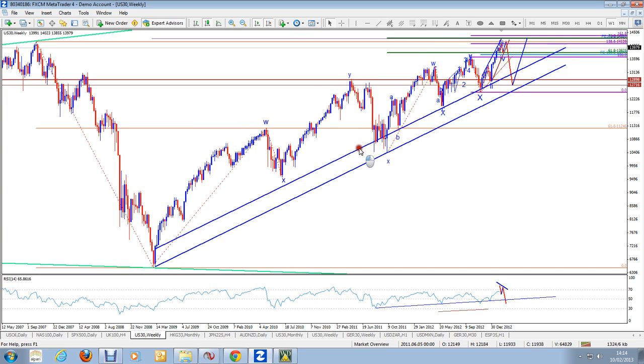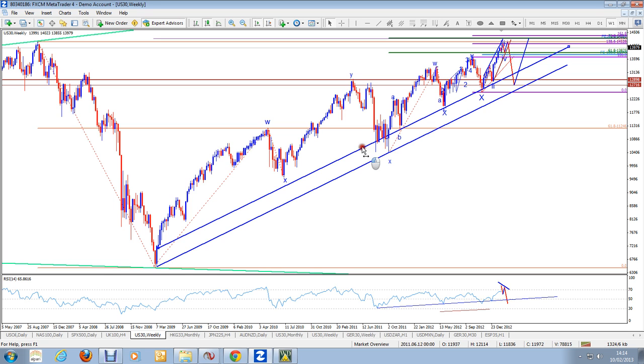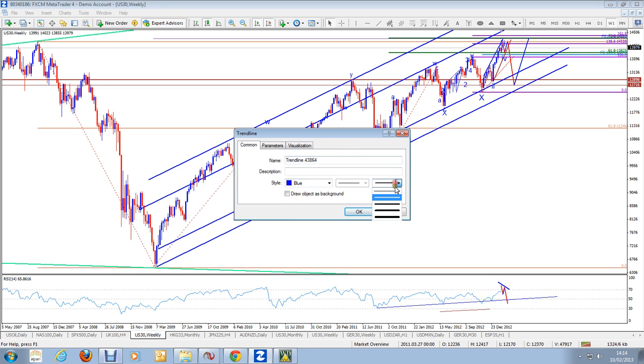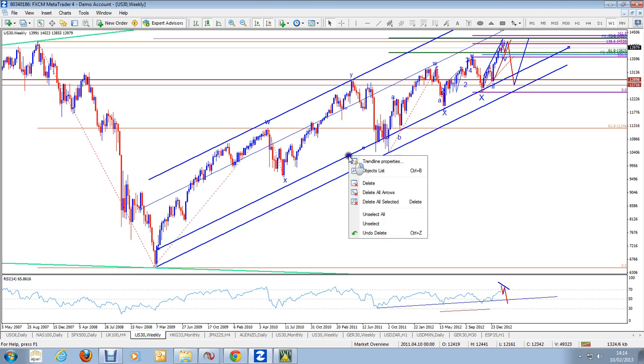So for example, here, what I'm doing is simply putting these like a little track, like a railway track, to identify where the prices have been.